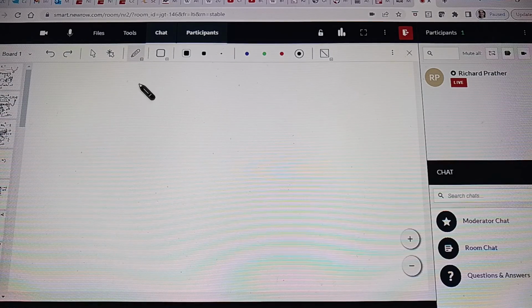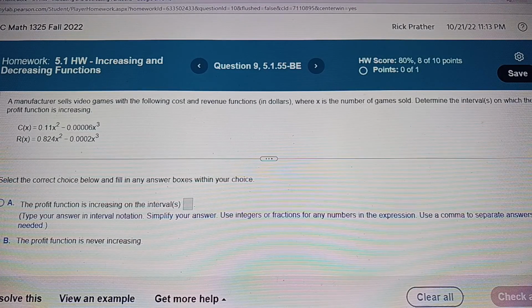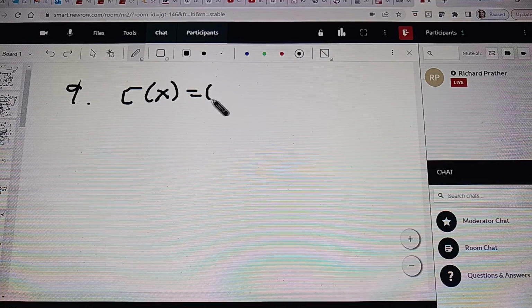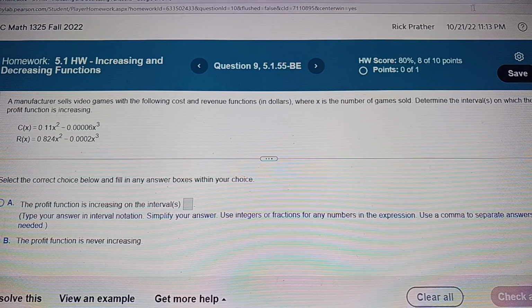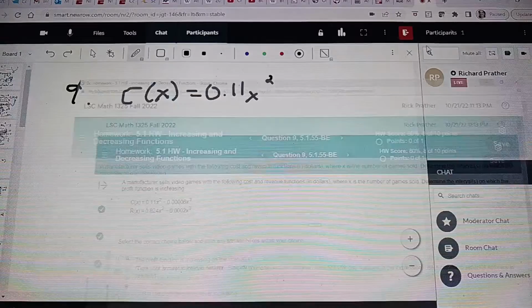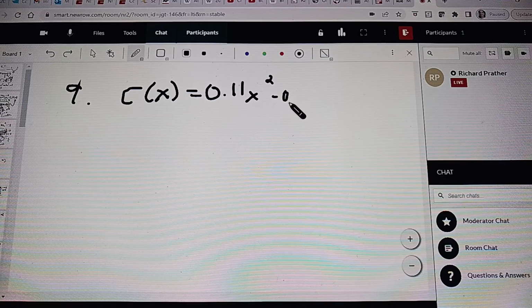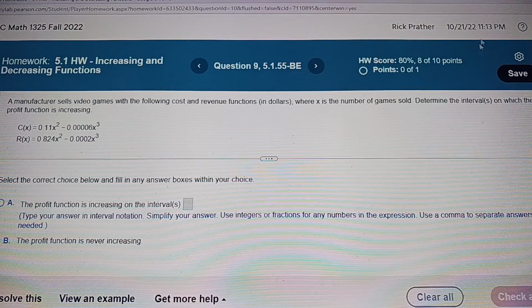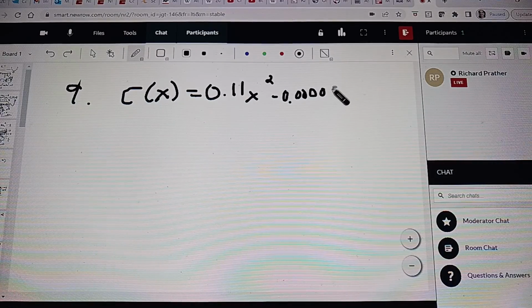So number 9, the cost function is 0.11x squared minus, and they got a funky decimal here, there's 4 zeros, 0.00006 x to the third.